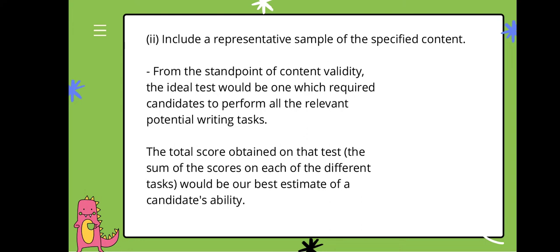From the standpoint of content validity, the ideal test would be one which requires candidates to perform all the relevant potential writing tasks. The total score obtained on that test, the sum of the scores on each of the different tasks, would be our best estimate of a candidate's ability.